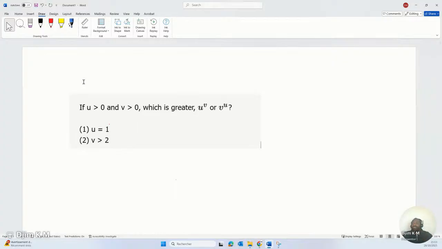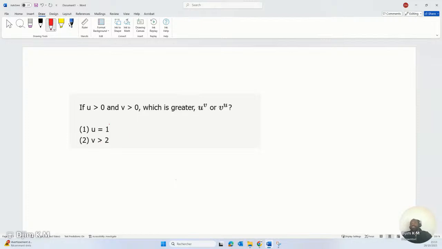Okay, if we have these, which is greater, u? Note that here it doesn't say that u is an integer or v is an integer.